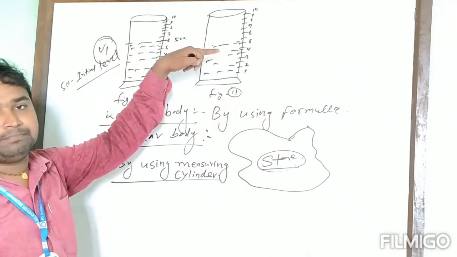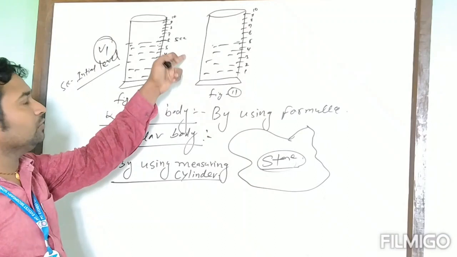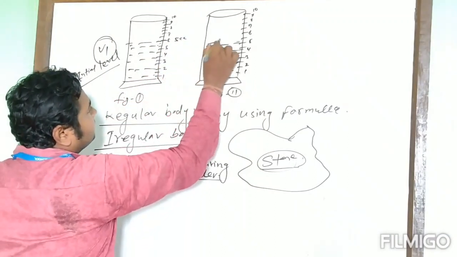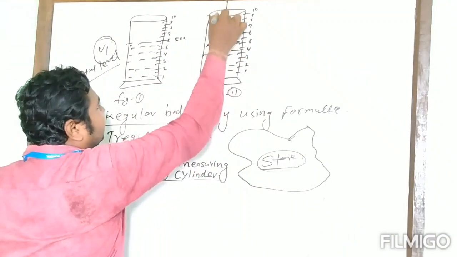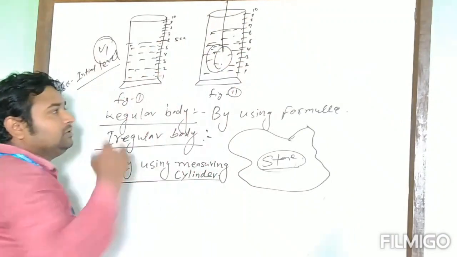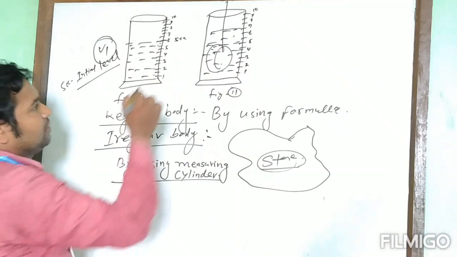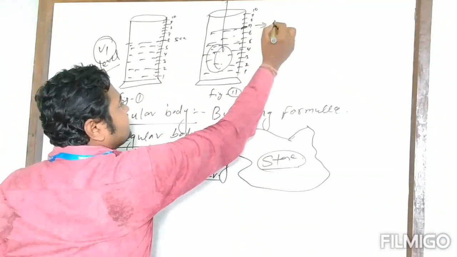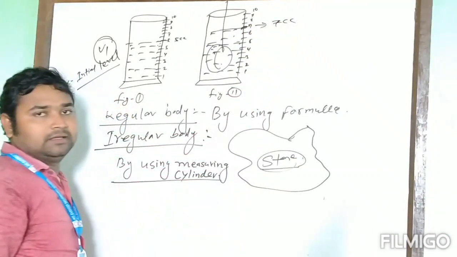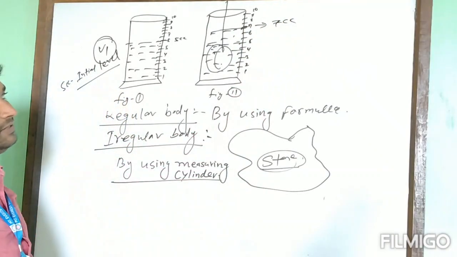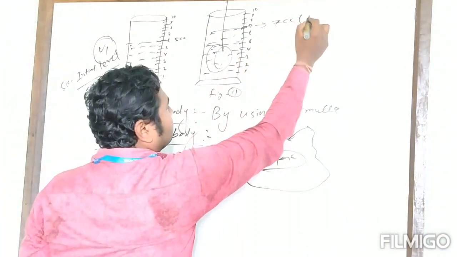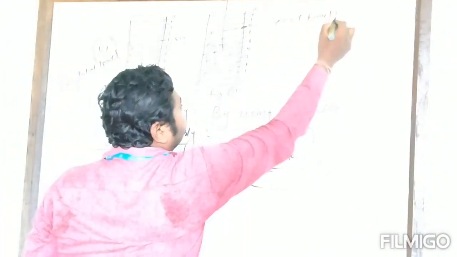And when you keep the stone in the container, its level increases. The volume increases and it reaches 7 cc. This is the final level.